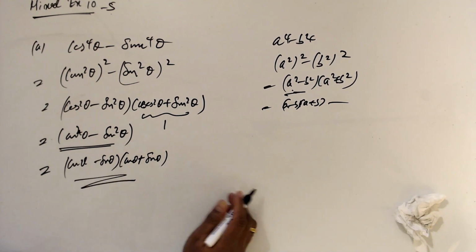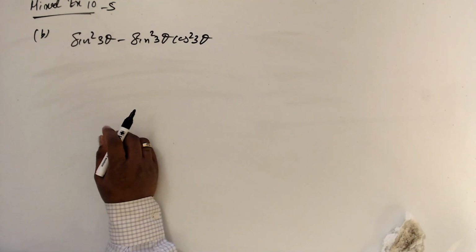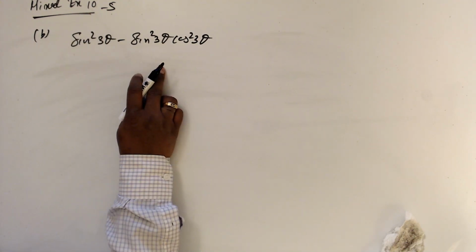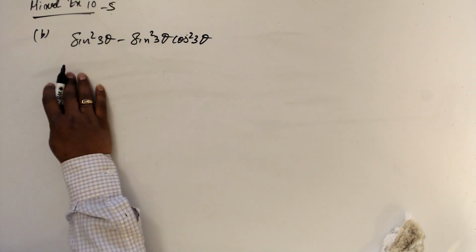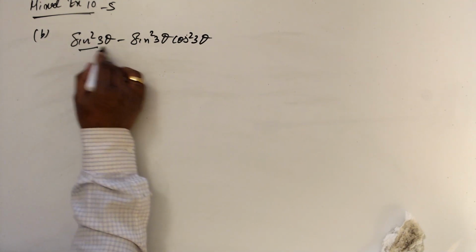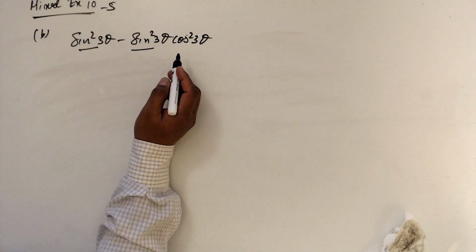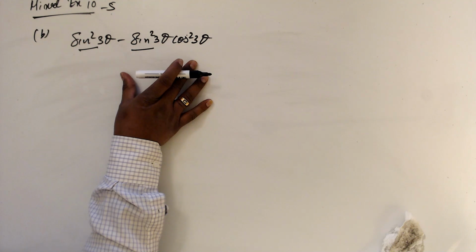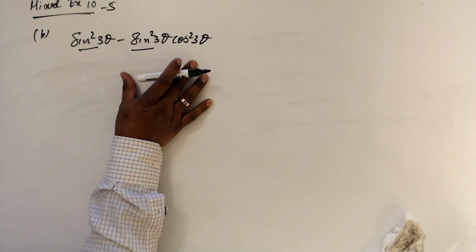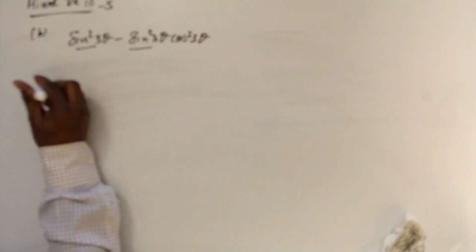This is another form. Then sine squared 3 theta minus sine squared 3 theta cos squared 3 theta. When I look at this one, I can see this is the same, so I can factorize: 1 minus cos squared theta sine squared theta.